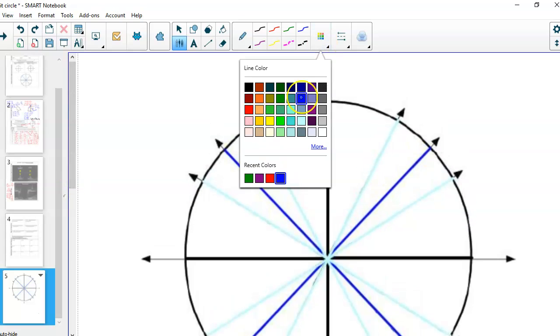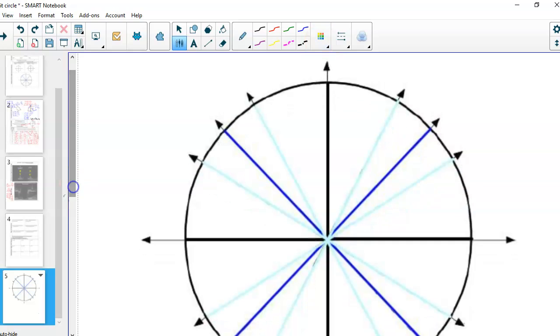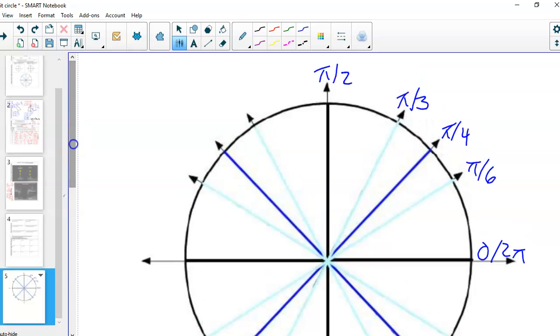Alright, so we are going to write our radians, our degrees, and our exact values all the way around this unit circle. What's the first radian? Pi over 6. Keep going. Pi over 4. Pi over 3. Pi over 2. What's the next one? 2 pi over 3. 3 pi over 4. 5 pi over 6.